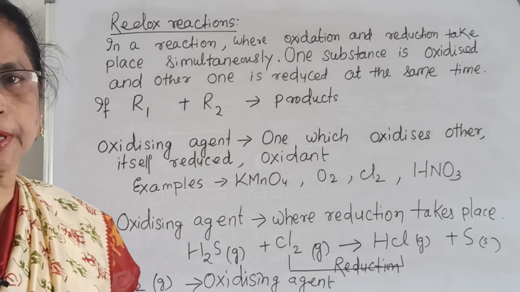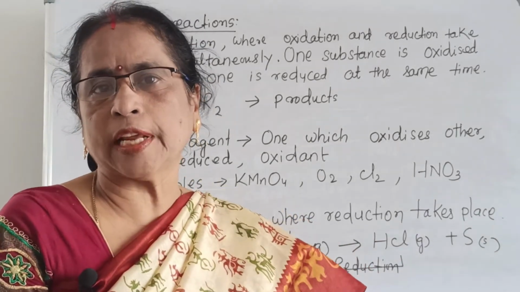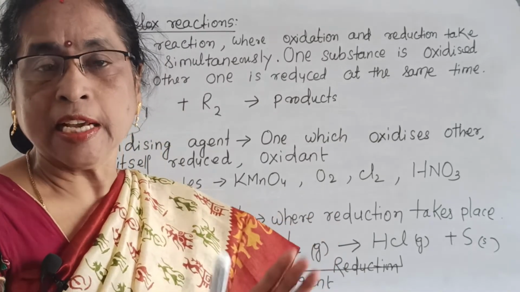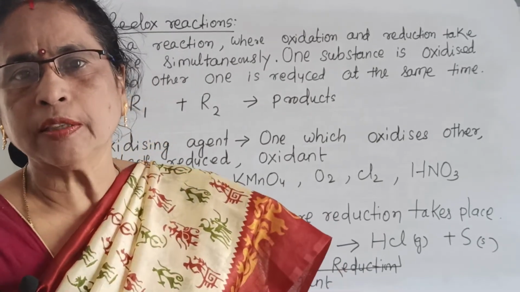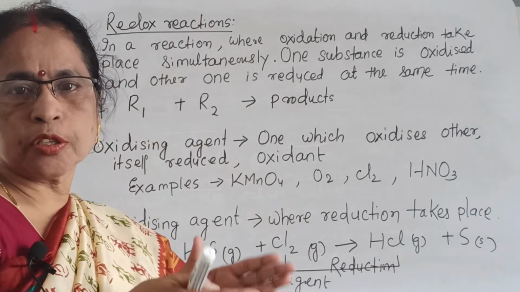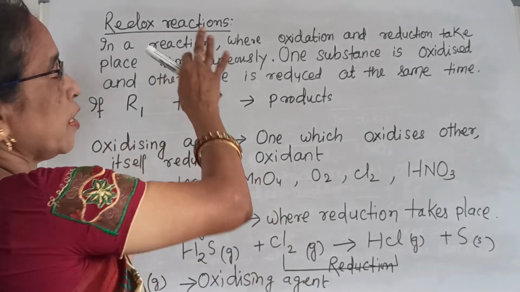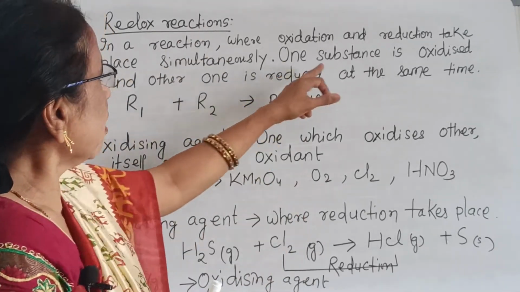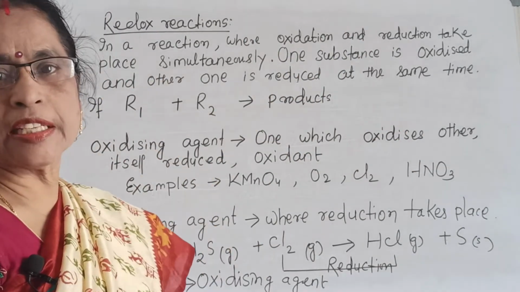Redox reaction means where oxidation and reduction both take place simultaneously, side by side. One will be oxidized, the other will be reduced. That means where oxidation and reduction take place simultaneously in a reaction, that is called redox reaction. In a redox reaction, one substance is oxidized and the other is reduced.